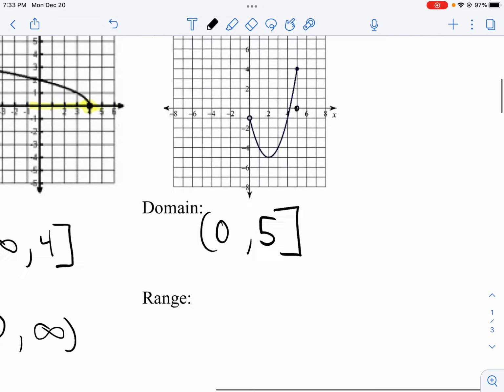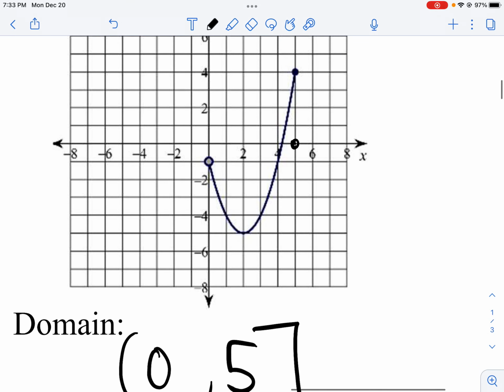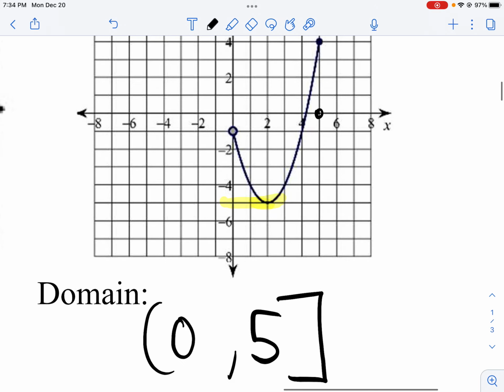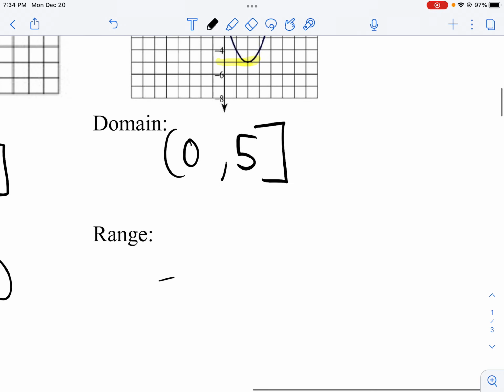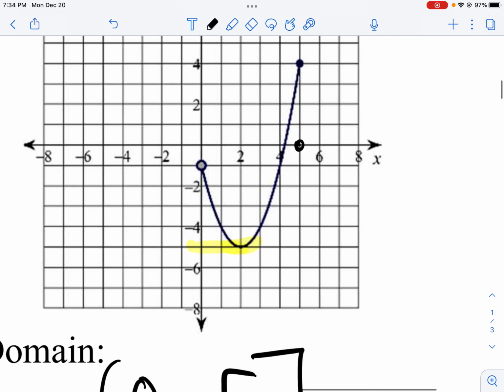Okay? Next one. So again, we look for the smallest y value. Where's the smallest y value we see on the graph? That's the lowest part, and that's going to be here at -5. Now you might be wondering, Miss Diddy, is this a bracket or a parenthesis? Well, think about it this way. Do you see an open circle?